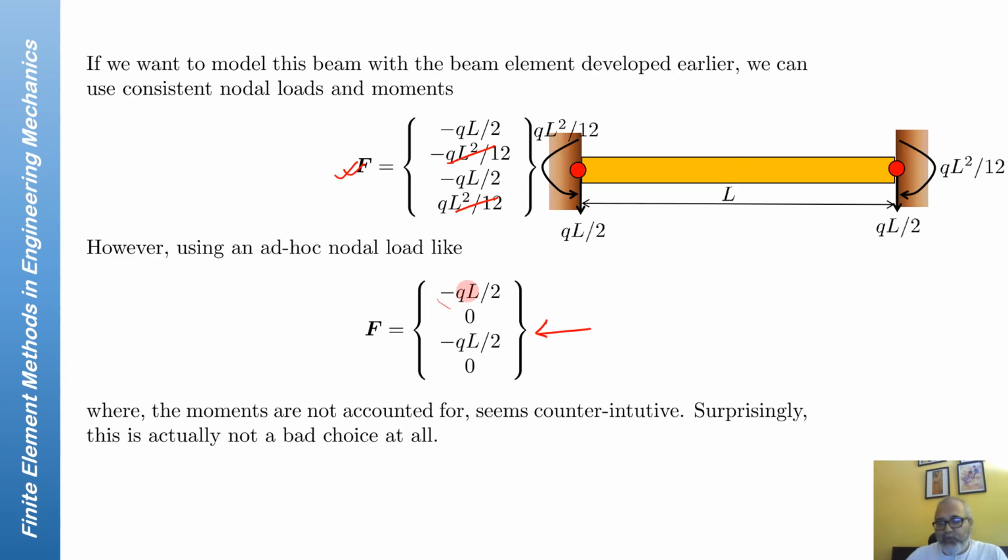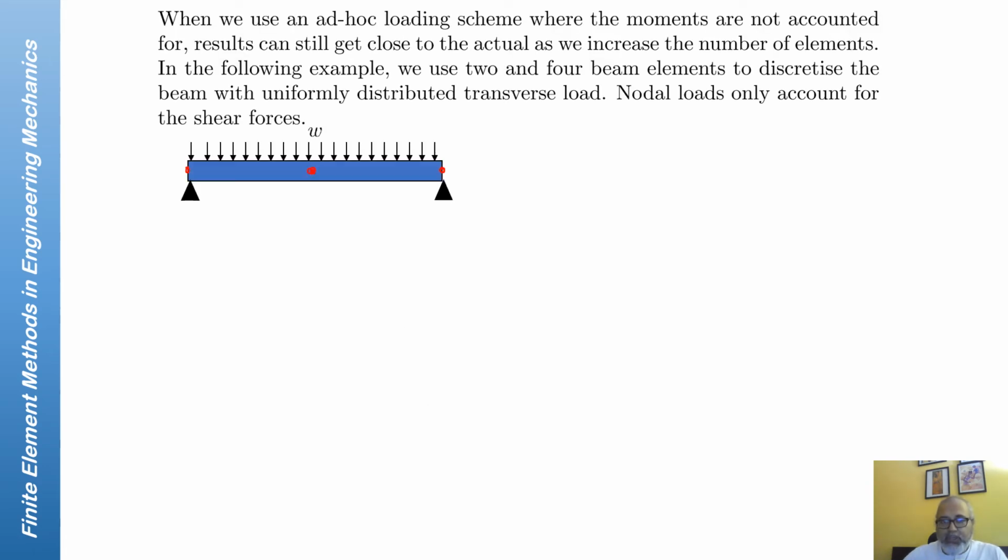I'm going to take care of only the shear forces, and ignore the bending moments at the nodes completely. So for this element, I'm going to put WL by 4, WL by 4. This is L by 2, this is L by 2.